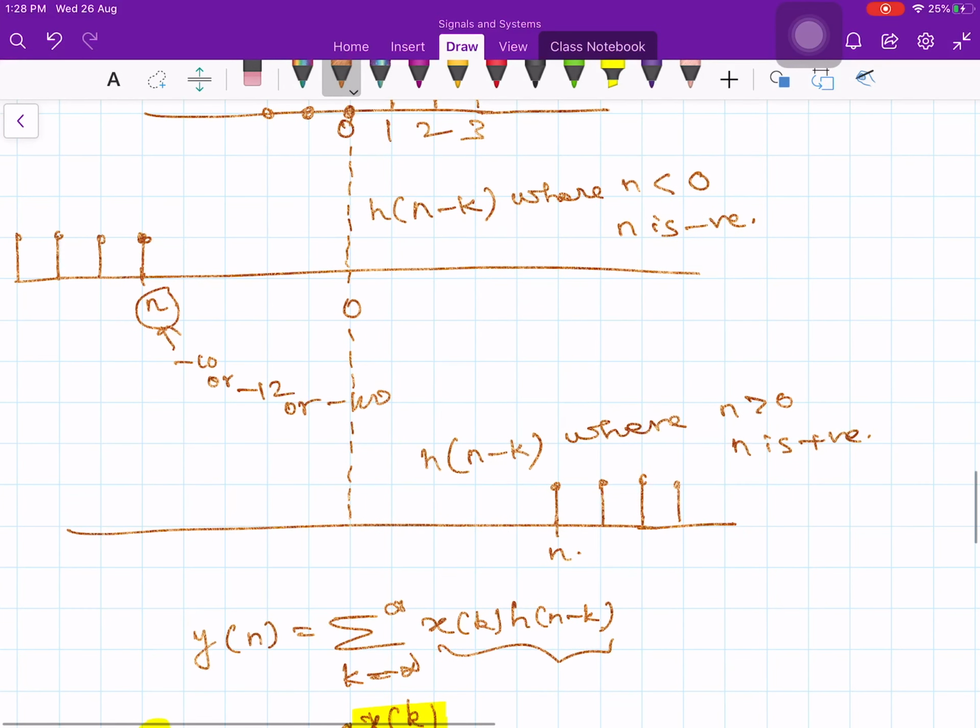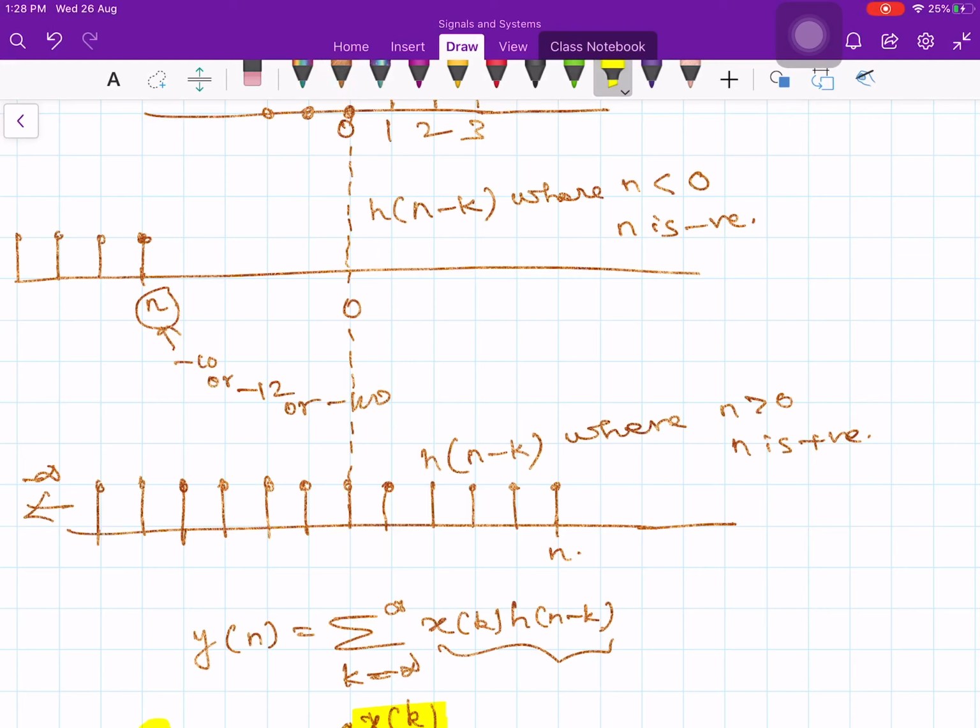I'm sorry. It starts from this point, it will not go to the right-hand side. I am very sorry. It goes like this. It goes up to minus infinity. This is your h of n minus k. Okay, it is a left-sided sequence.